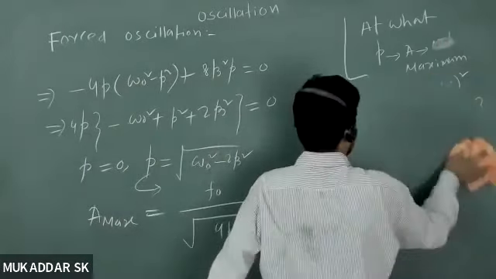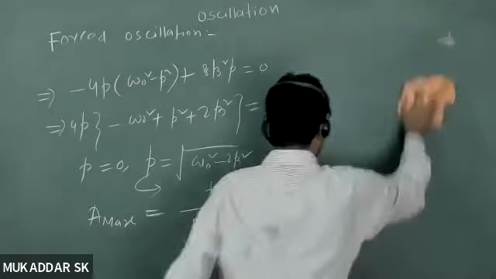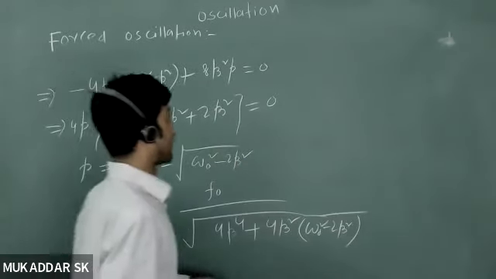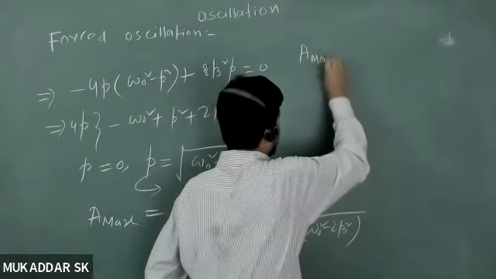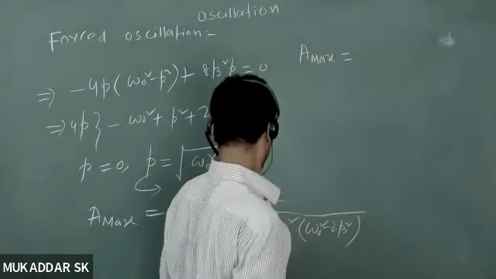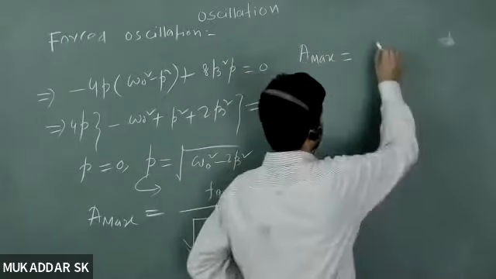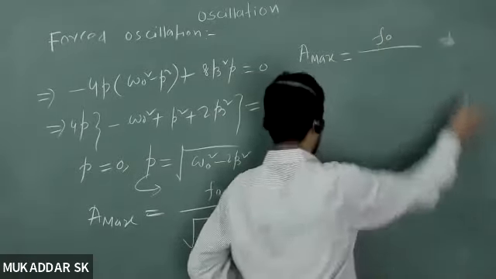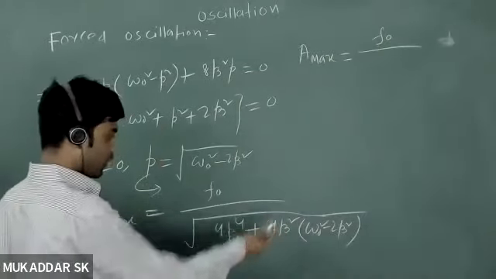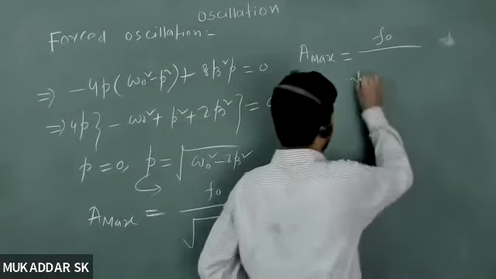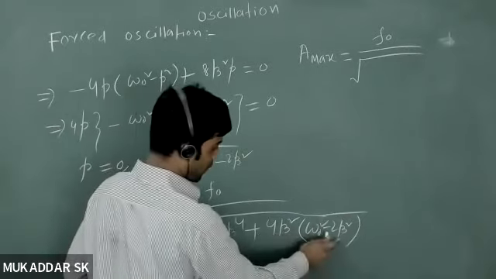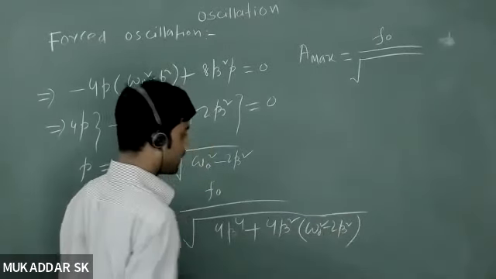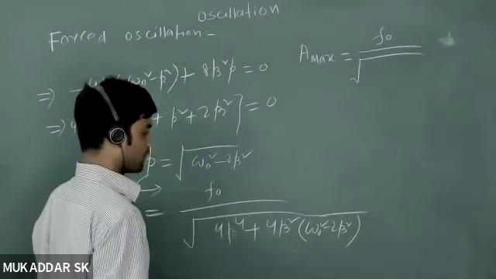Now if you rearrange further, then the maximum amplitude will be F naught, and this will provide you the square root of 4 beta to the power 4, and from this term you will get minus 8 beta to the power 4.